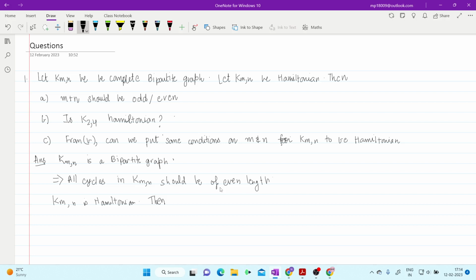Kmn has m plus n vertices, and this graph is Hamiltonian. Therefore, if it is Hamiltonian, then we have a Hamiltonian cycle.